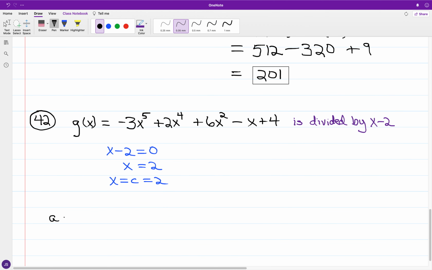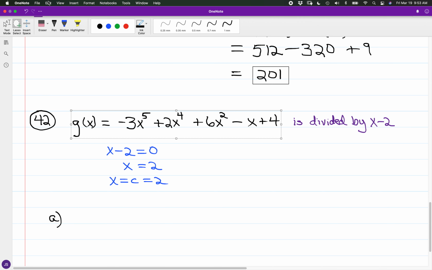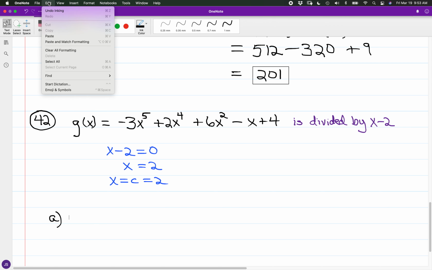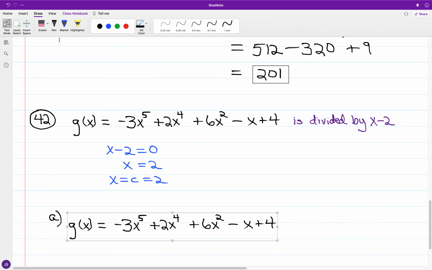And for part A, through the use of the remainder theorem, again, the remainder is going to be g of c, which we're going to have as g of 2.